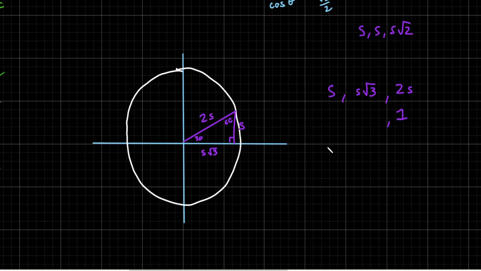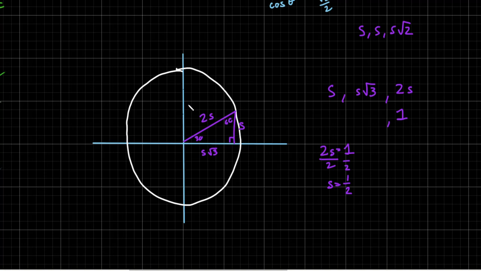So we know that the hypotenuse, 2s, is supposed to equal 1. So if I want to get s all by itself, what do I have to do in this equation? Yeah, divide by 2 on both sides. So s equals 1/2.